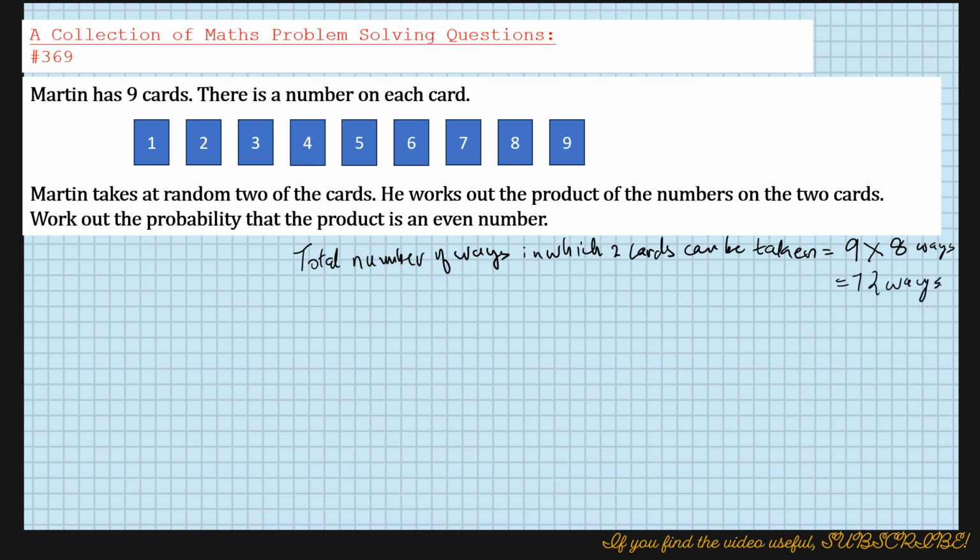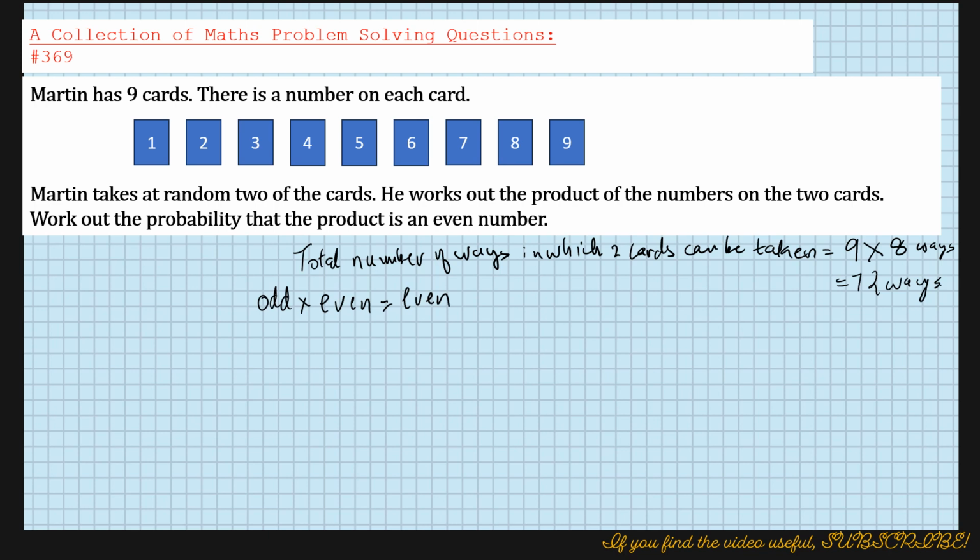So next, the cards that he has picked are either an even number or an odd number, and he would multiply out the 2 numbers. What is the probability that the product is an even number? If he has taken an odd card, odd times even should always give you an even number.